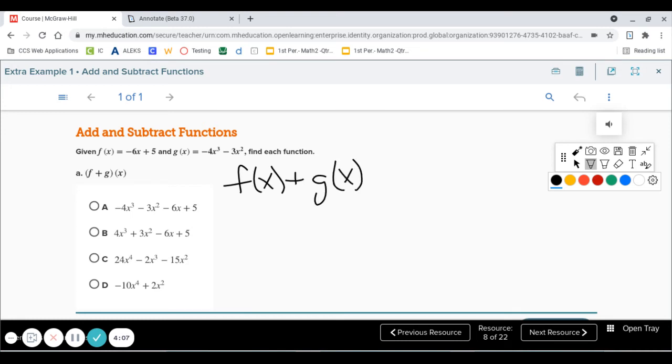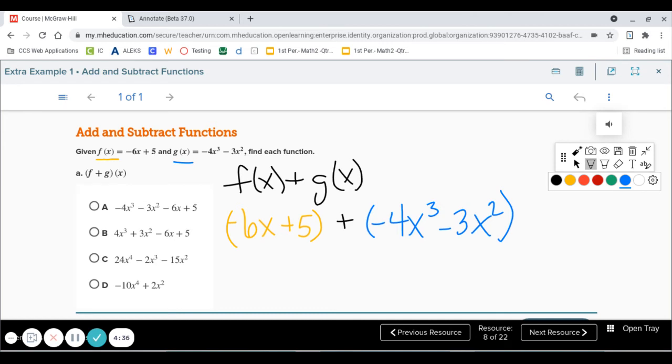We're going to take the f function and add it to the g function. So the f function is negative 6x plus 5. And we are adding that to the g function, which is negative 4x to the third minus 3x squared.